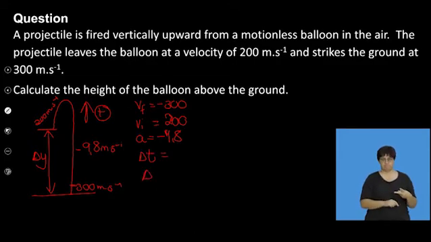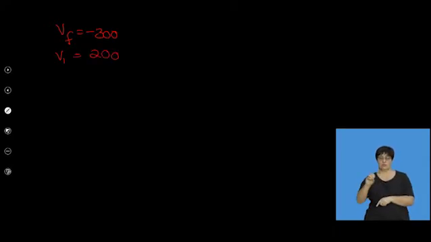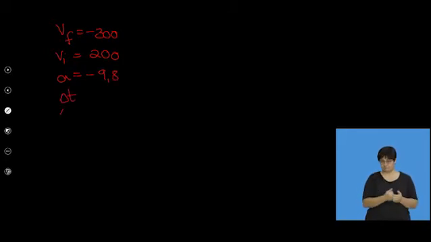And I'm wanting displacement. So let's just rewrite that list again. So we know final velocity minus 300. Initial velocity is 200. Acceleration minus 9.8. Time, we don't know. Delta y is what we're looking for.